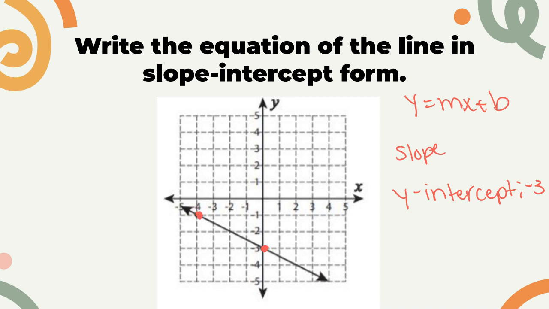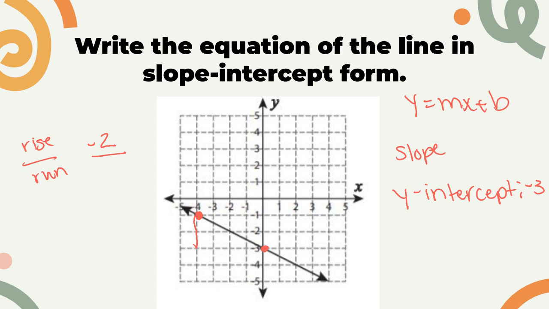And think to yourself, will this line have a positive slope or will it have a negative slope? So if I start from my highest point, I go down 1, 2. So if I'm doing my rise over run, I go from -1 to -3, which is a distance of -2, right?